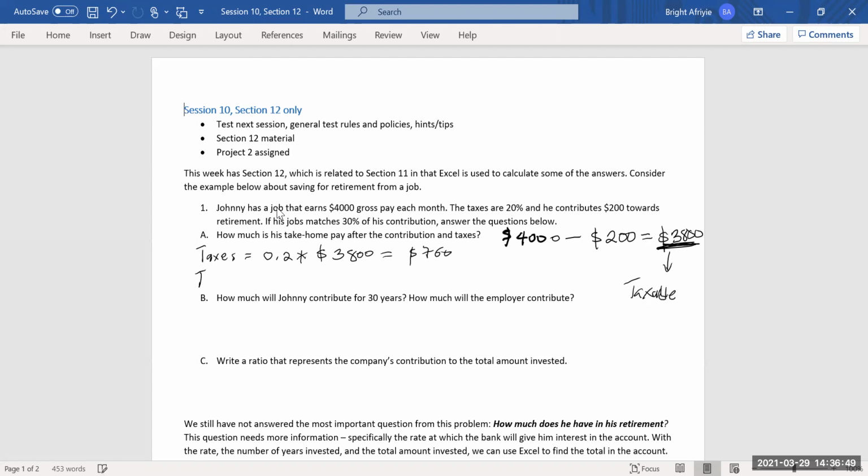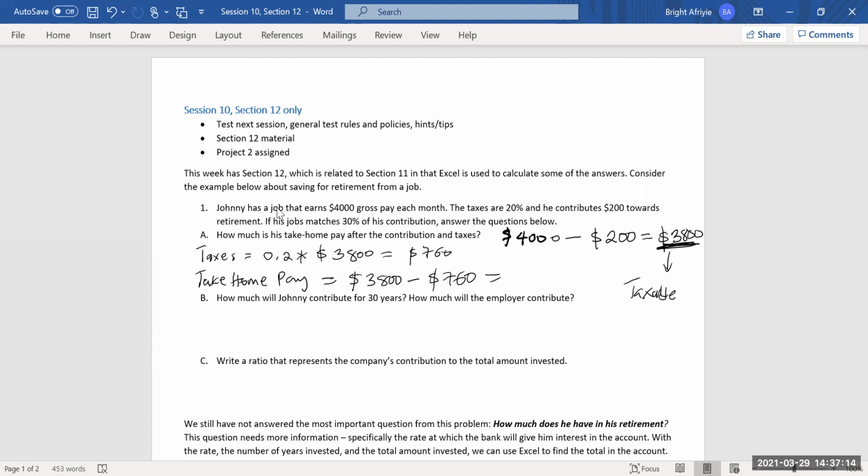Now to know Johnny's take-home pay: the take-home pay is going to be the 3,800 minus 760. And what is that?